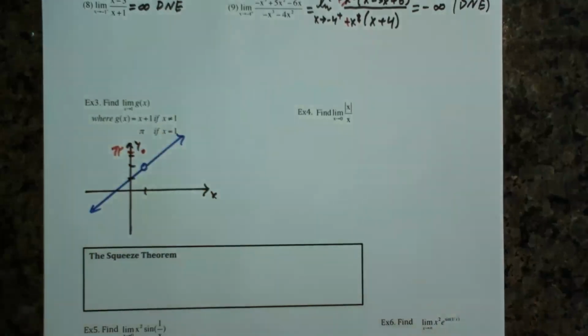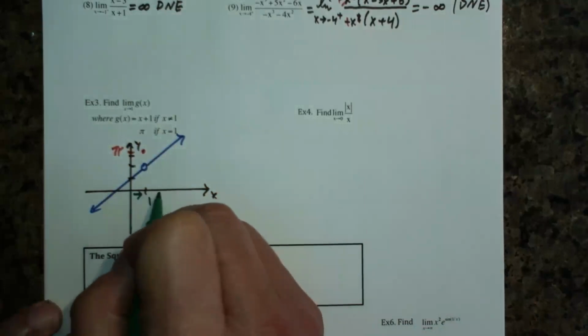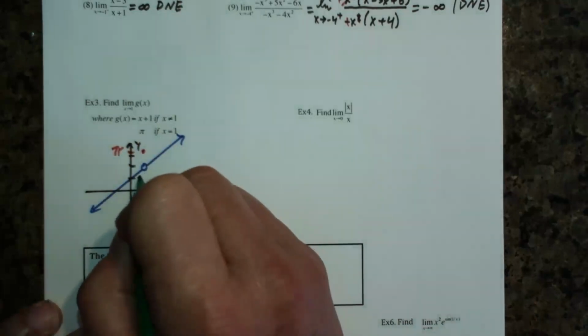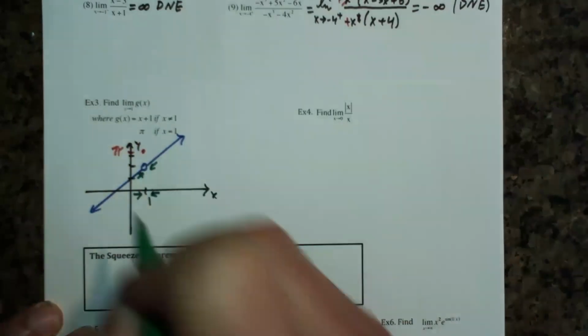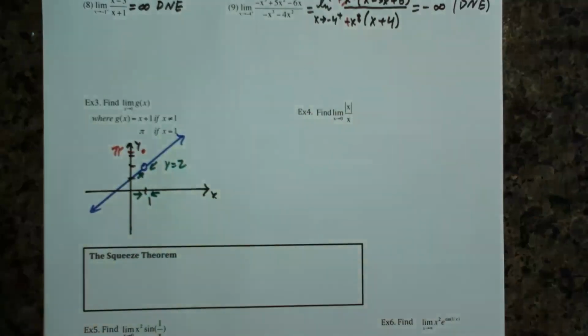And we want to know the limit as x approaches 1. Now, here's the thing. The limit has to be the same from the left direction and the right direction for the limit to exist. So as we are approaching 1 from both sides, y is approaching 2 from both sides.